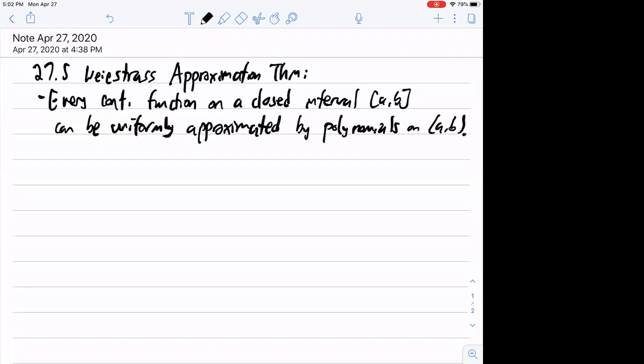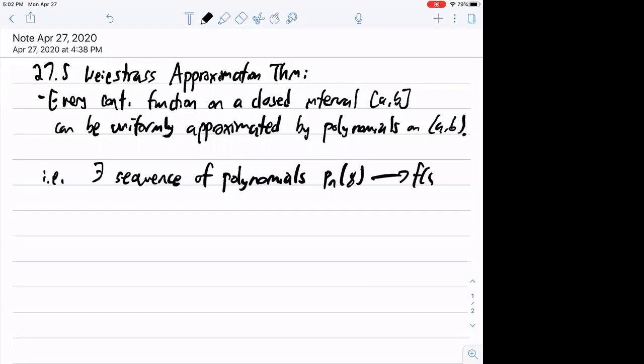So what that means is there exists a sequence P_n of polynomials, P_n(x), that converge to f(x) uniformly.